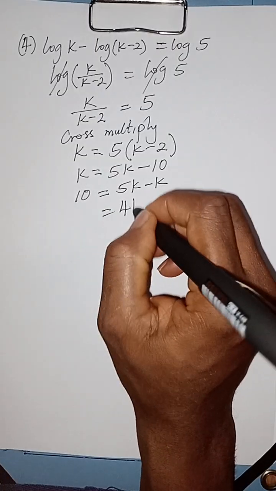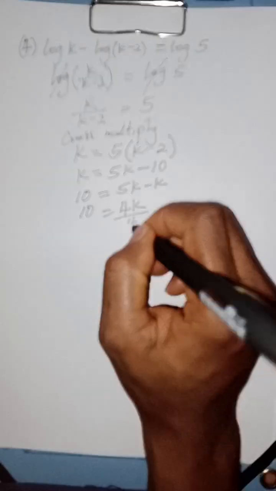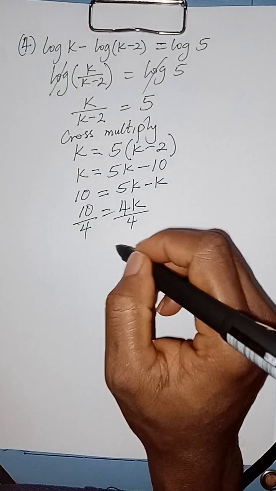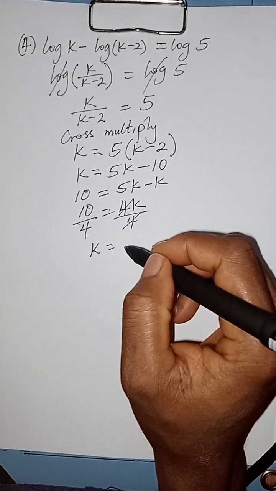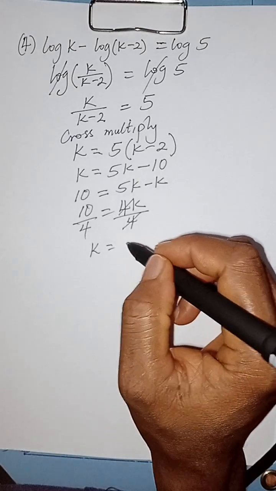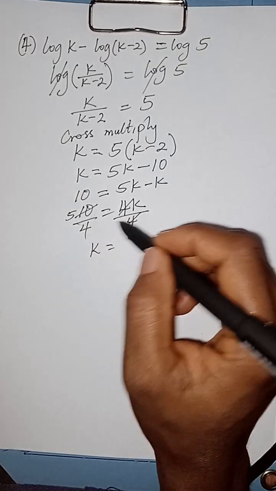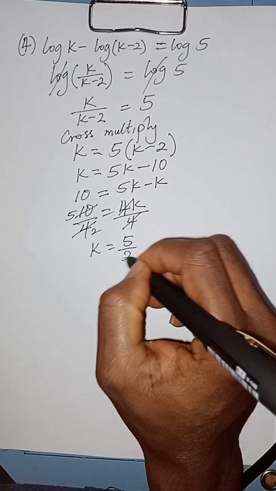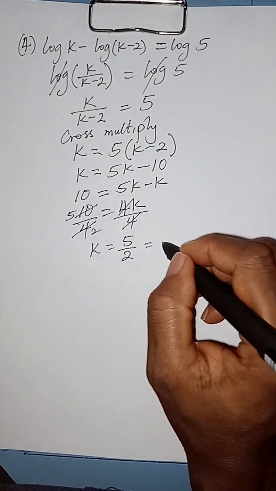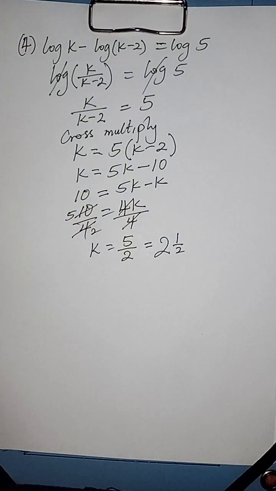So this is 4k, and then this is 10. Divide both sides by 4. If you do that, you get a value of k, and this can be simplified to 5 over 2. And 5 over 2 is the same thing as 2 and 1 over 2.